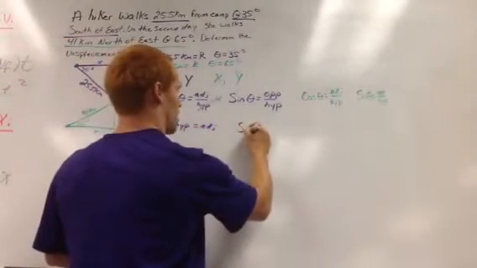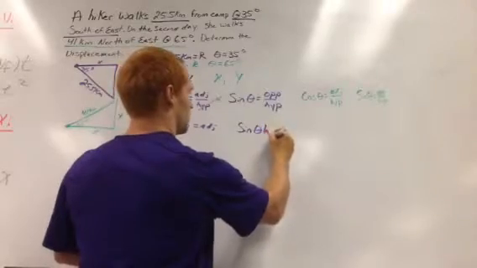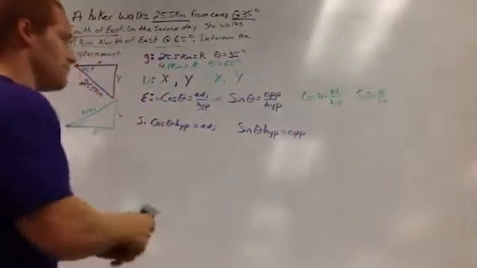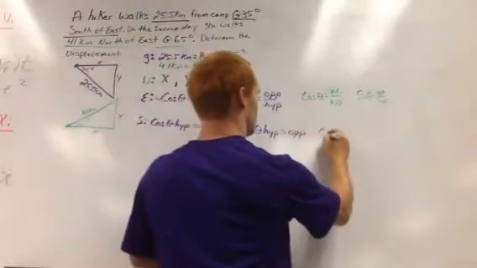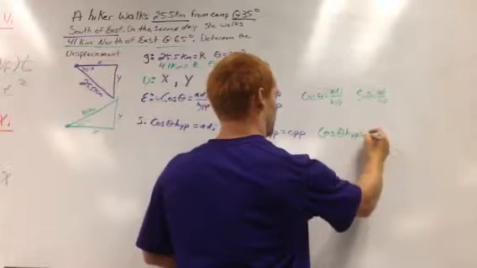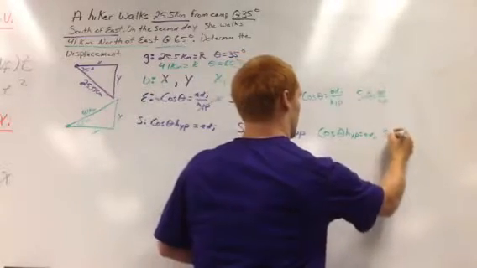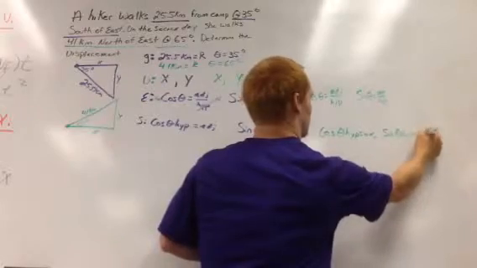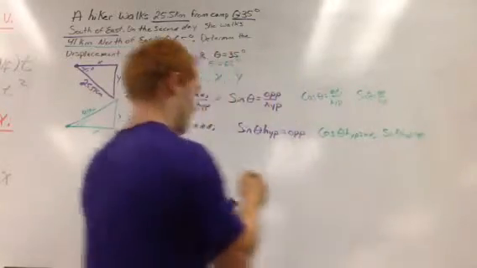Same thing over here, sine theta times hypotenuse equals opposite. Cosine theta times hypotenuse is adjacent. Sine theta times hypotenuse is our opposite.